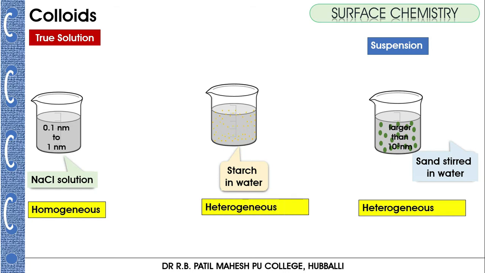But as far as particle size is concerned, in this case particle size is greater than true solutions but smaller than suspension, and it is of the order 1 nanometer to 10^3 nanometer, and this system is called a colloidal system. Students, colloids are those in which particle size lies between 1 nanometer to 10^3 nanometer.